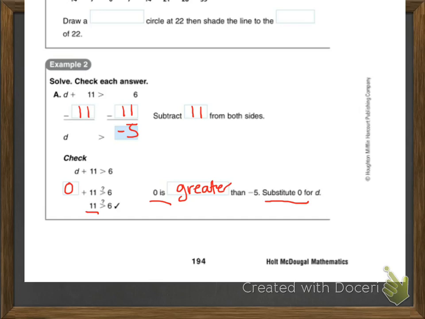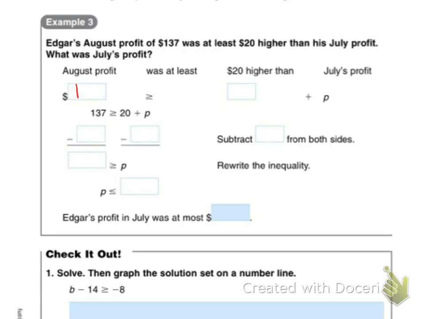So on the second page, here we go. We have Edgar's August profit of $137 was at least $20 higher than his July profit. What was his July profit?